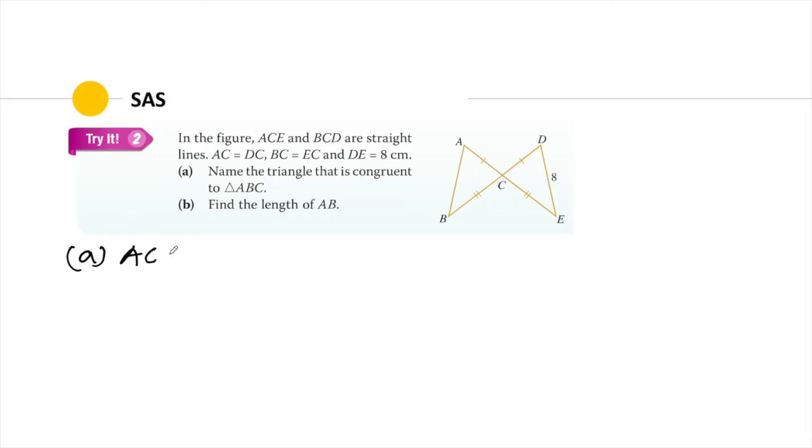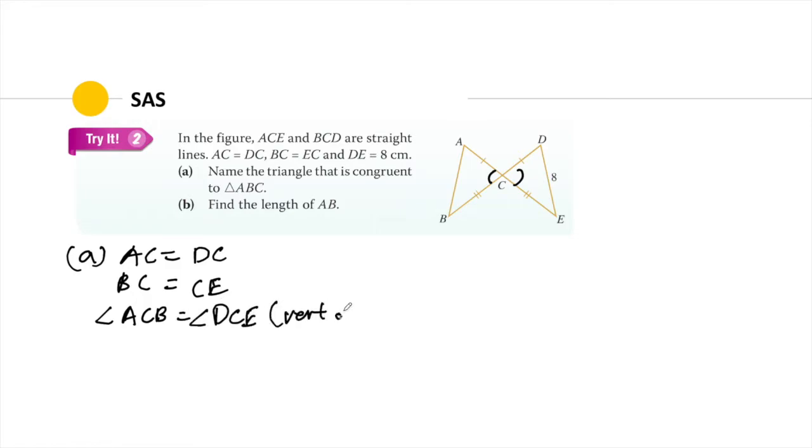We know that AC is equal to DC, because these two sides are the same. We know that BC is equal to CE, right? And since AE and BD are straight lines, we also know that angle ACB is equal to angle DCE because of vertically opposite angles.